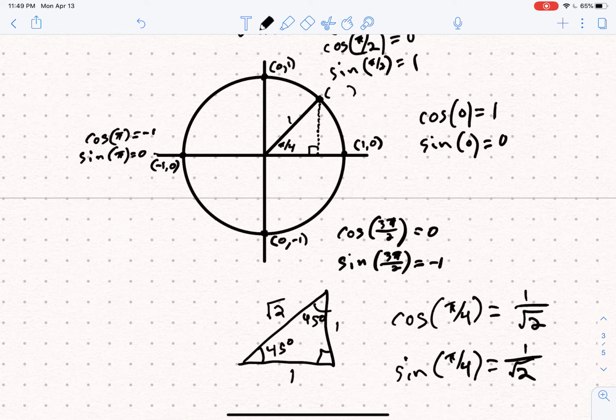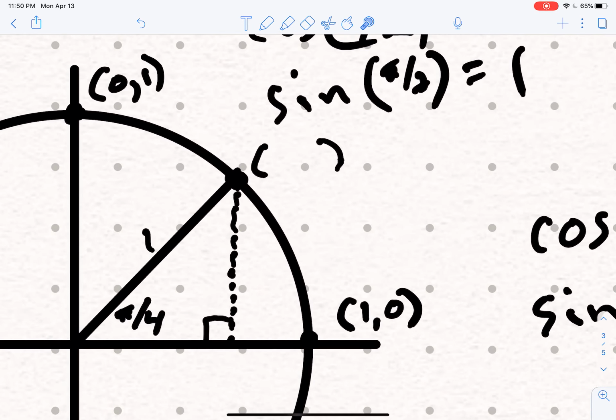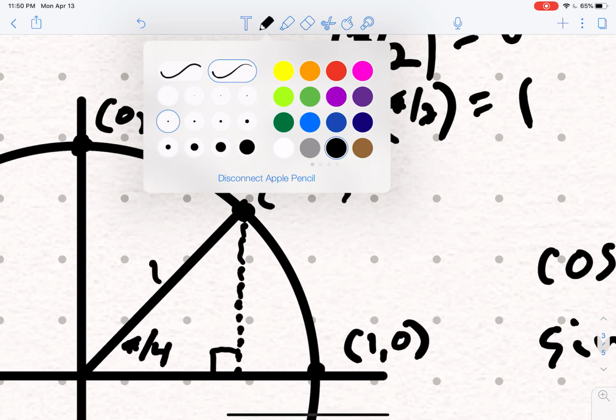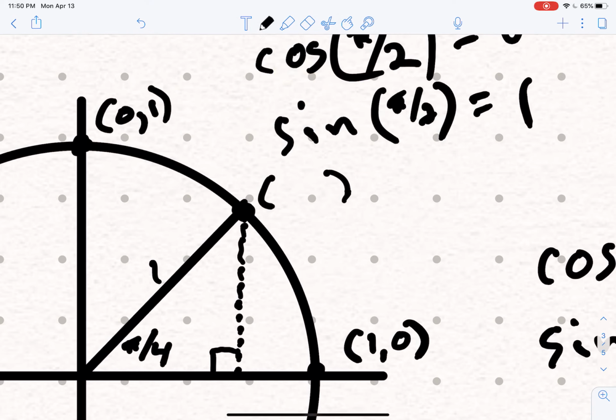So cosine and sine of pi over 4 are the x-coordinate and the y-coordinate of the point on the unit circle, and they are also the cosine and the sine of that angle. If I zoom in, I can put in 1 over radical 2, comma, 1 over radical 2. Okay.